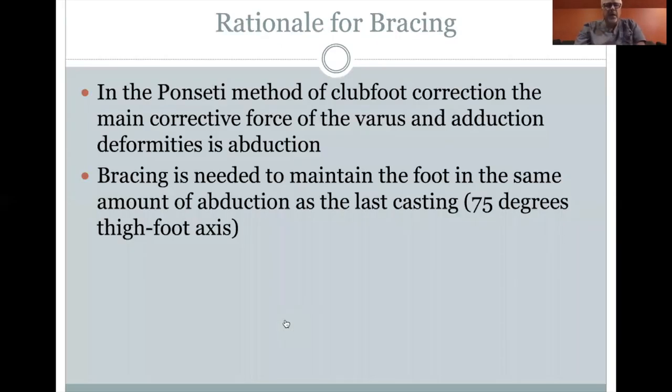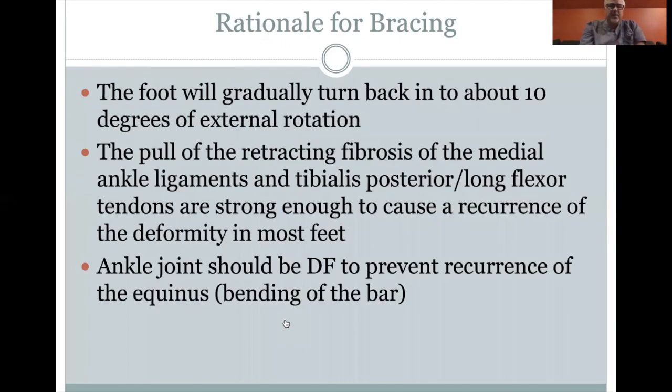The rationale for bracing is that in the Ponseti method of clubfoot correction, the main corrective force of the varus and adduction is abduction. So that's why we're trying to hold the foot in an abducted position, with a little excessive abduction. And bracing is needed to maintain the foot in the same amount of abduction as the last cast, which is about 75 degrees of thigh-foot axis.